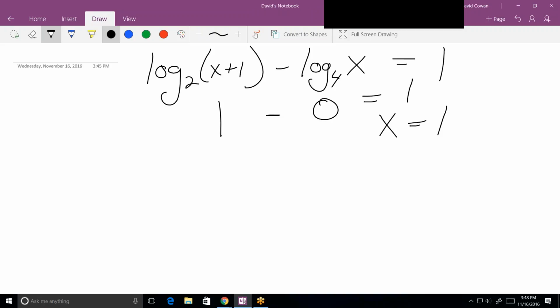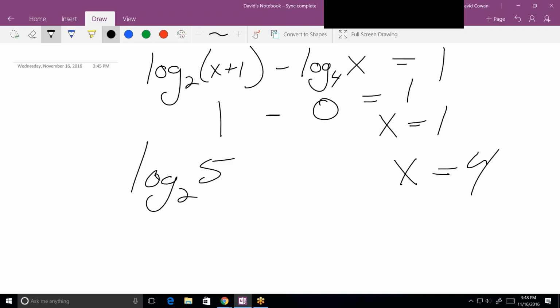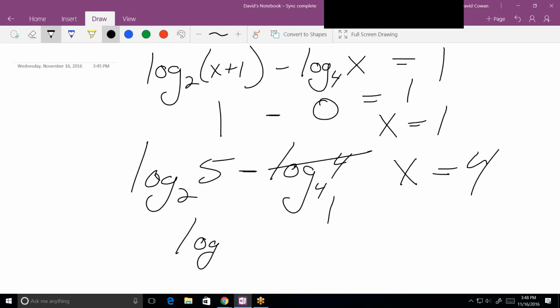Now let's try an x of 4. Let's see what happens when x equals 4. So first of all, I have log base 2 of 5. I have no idea what that is, but it's not a whole number. But what's the log base 4 of 4 equal to? 1? Sorry, 1. You're absolutely correct. So I end up with log base 2 of 5 minus 1.